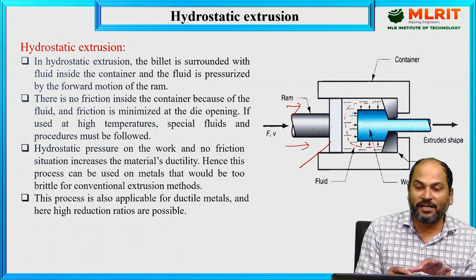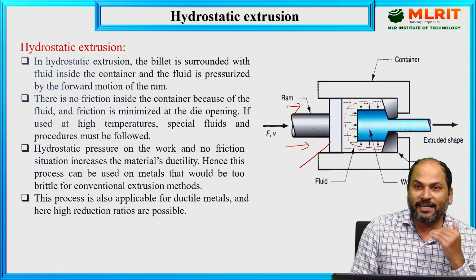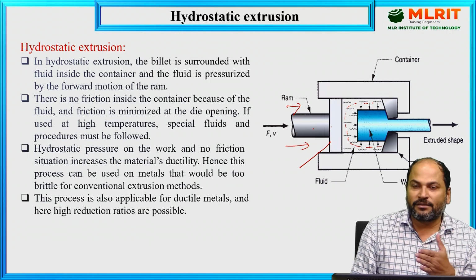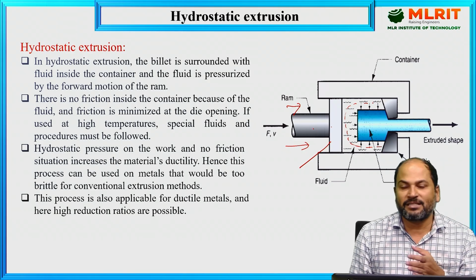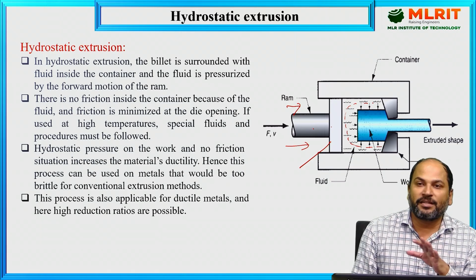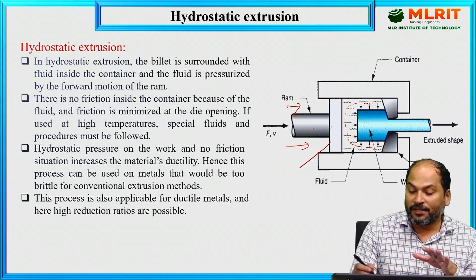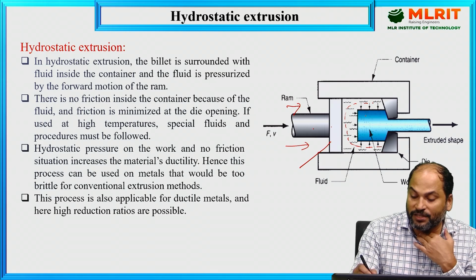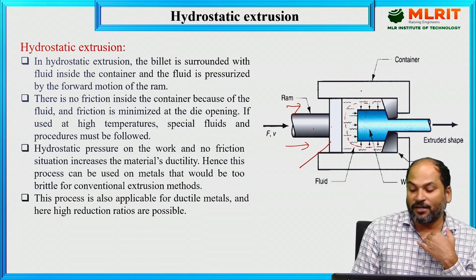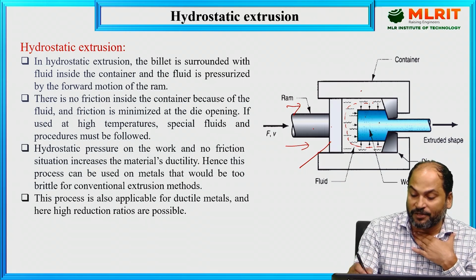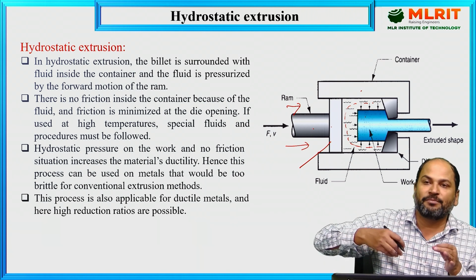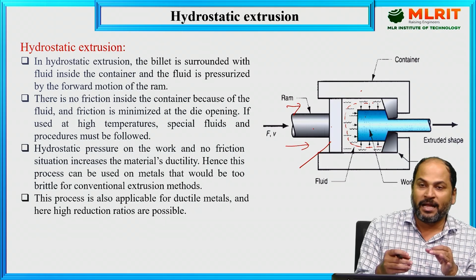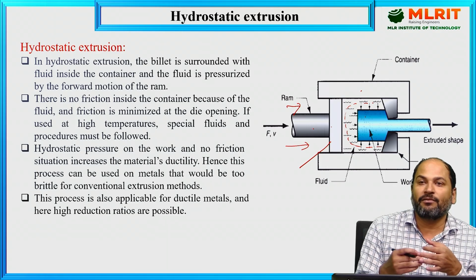Instead of directly bringing the ram in contact with the billet, we place a liquid in between and apply the force through that liquid. So what happens? There is no friction at all, because there is no direct contact between the billet and the container. Wherever there are contact areas, there will always be liquid in between, and that liquid works as a lubricant.